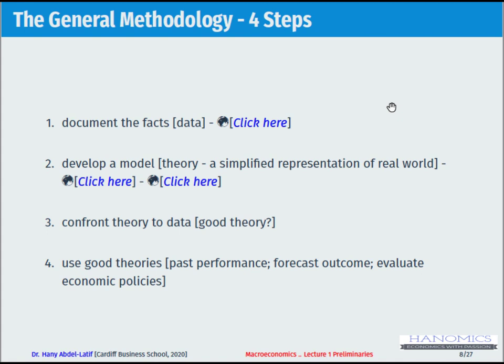GDP is just the output, how much a country produces. Inflation rate is the general rise of the price level. And the unemployment rate, we explained what we mean by unemployment. So in general, the general methodology here in macroeconomics has 4 steps.